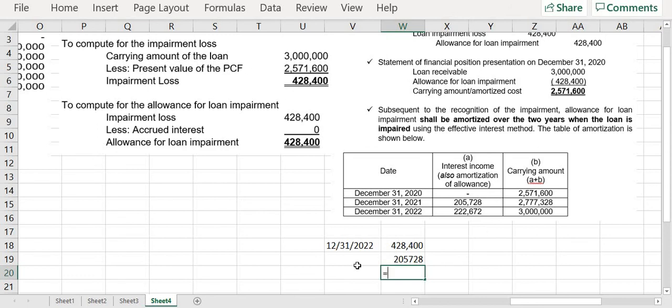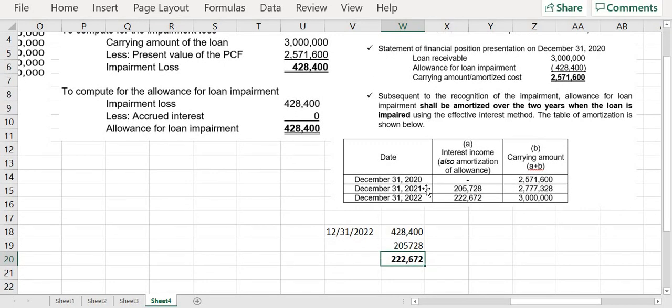So, the remaining balance of the allowance is just have to get the difference of these two. So, you should get 222,672. Ito na yung nakikita nyo sa table. 222,672. Ayan. So, amortized na within 2 years pa lang ang allowance for loan impairment.